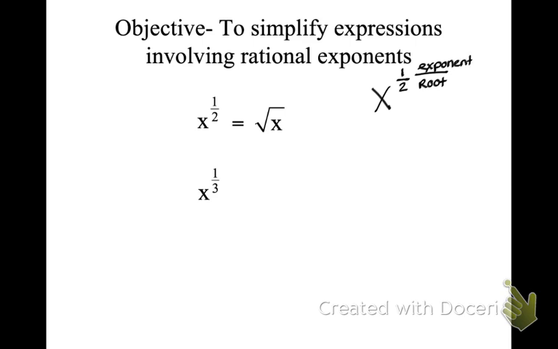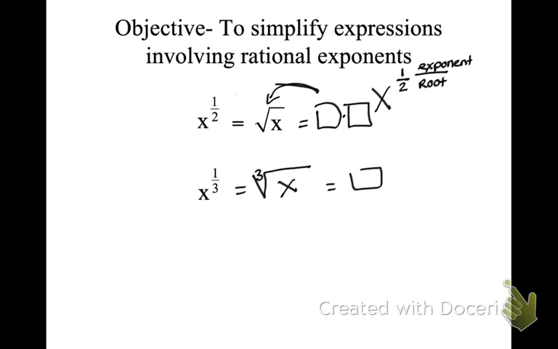Now, what this means is what times itself two times equals this. Square root really means what times itself equals this right here. And when you have something like this, it is called a cube root, and what this means is what times itself 3 times equals that.